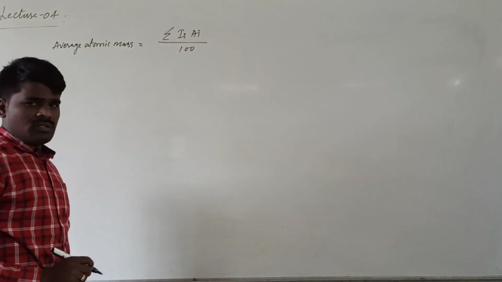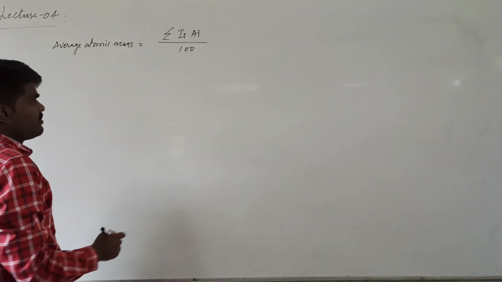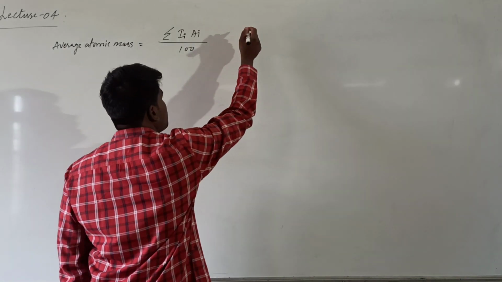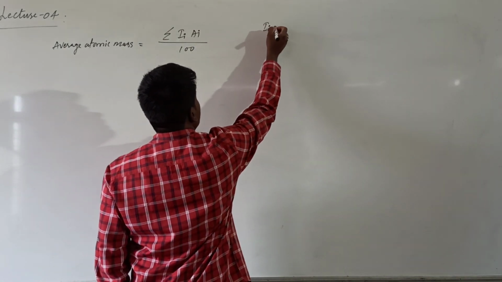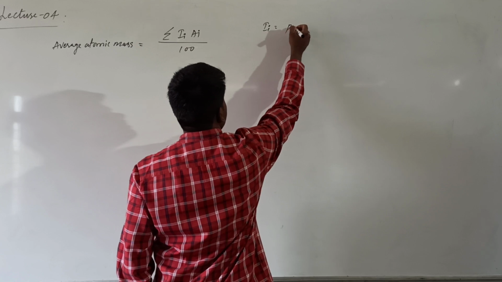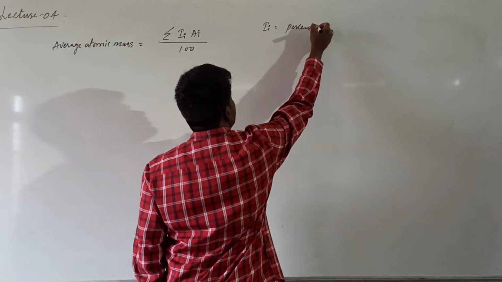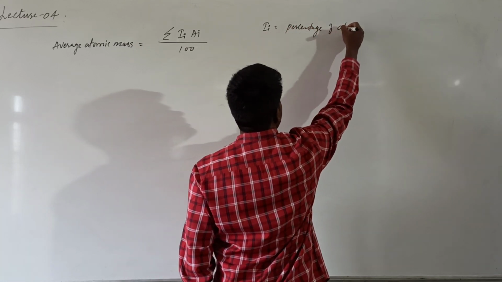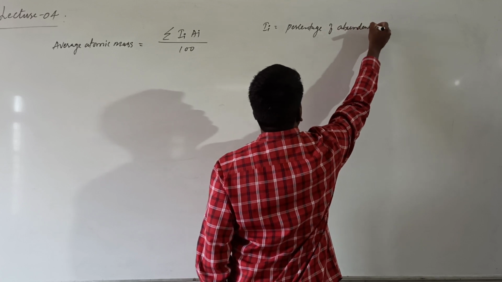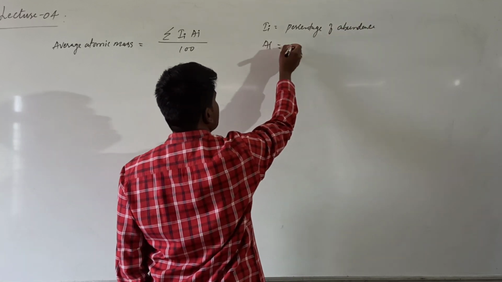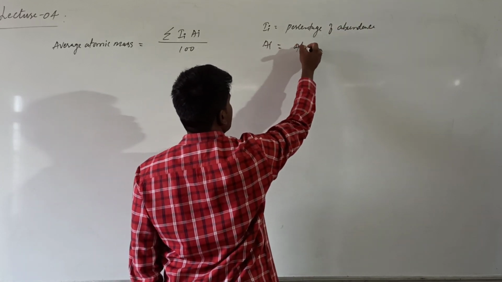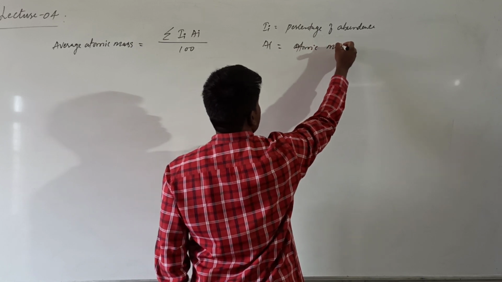This is a general formula to calculate average atomic mass, where one term is the percentage abundance or occurrence, and the other is the atomic mass of all isotopes.